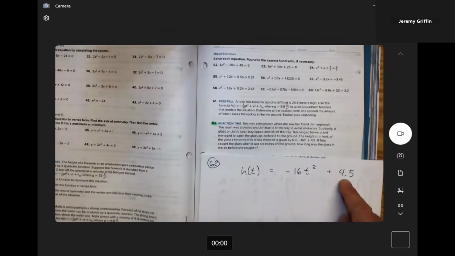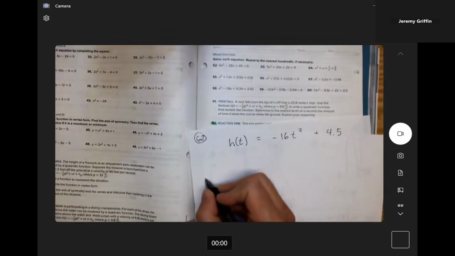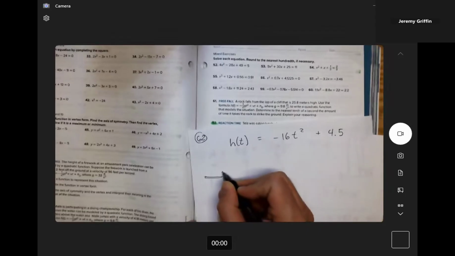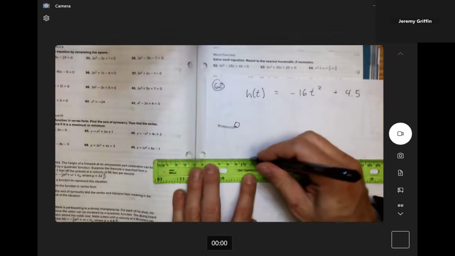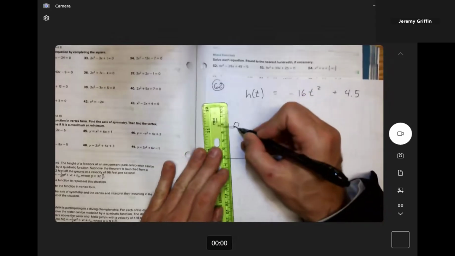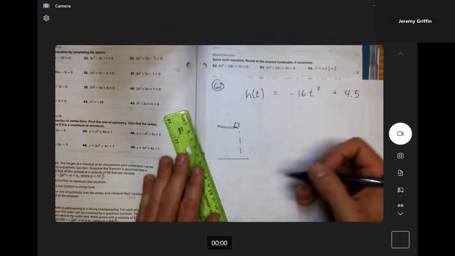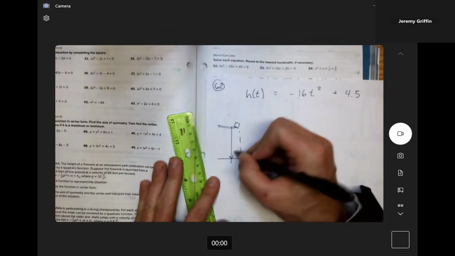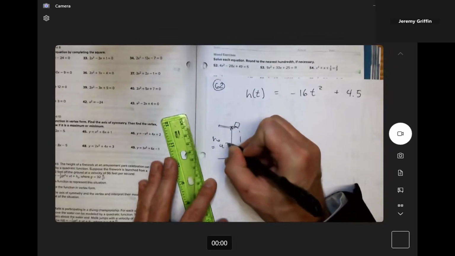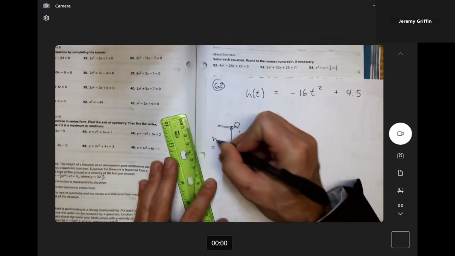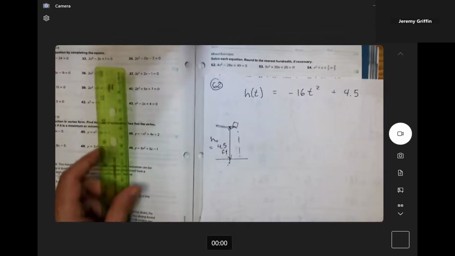And this 4.5 represents 4.5 feet off the ground. So if I draw a little picture, it's like this tray, this glass is about to tip off. Here's the ground down here, right? And it pretty much falls from rest. Okay? And this initial height, I'll call it h naught, was 4.5 feet. Right? That's the interpretation for that.